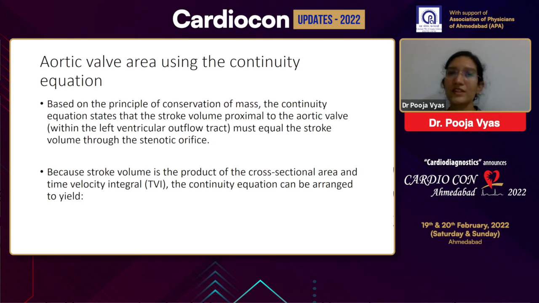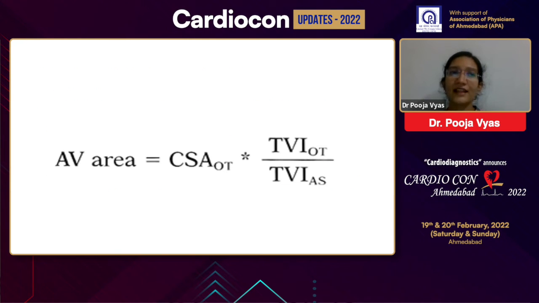And because the stroke volume is the product of the cross-sectional area and the time velocity integral, the continuity equation can be arranged this way: aortic valve area equals the cross-sectional area of the LVOT times the time velocity integral of the LVOT upon the time velocity integral of the aortic stenosis.